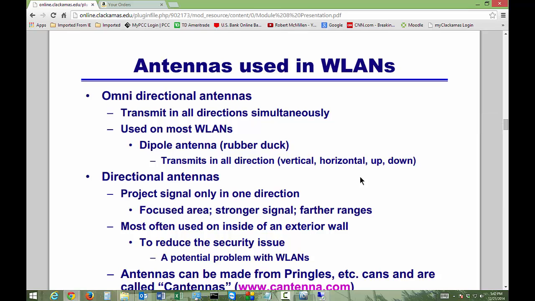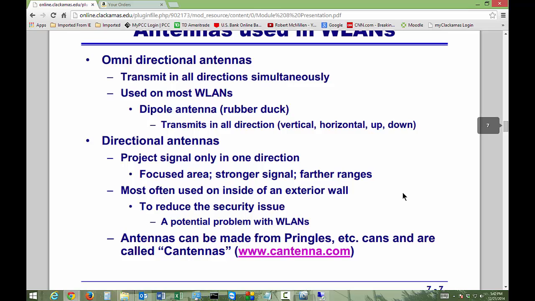So let's talk about antennas that are used in a wireless LAN. There are a few different kinds. You have the omnidirectional antennas, which transmit in all directions simultaneously. They're used in most wireless networks. They use a dipole antenna, and it transmits in all different directions. Then you have directional antennas. It projects the signal in only one direction.